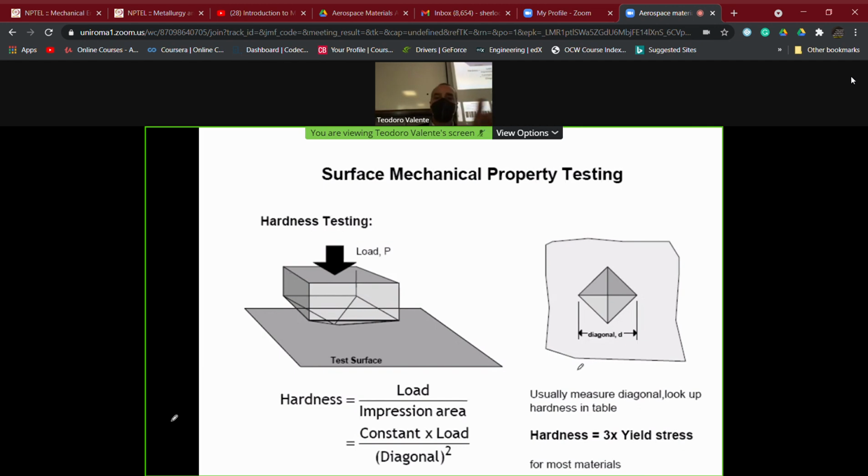I will tell you later which are the most important. For example, by changing locally, by solid state diffusion, the chemical composition of the surface. So if we want to understand the mechanical properties of the surface, we must be sure that our techniques are focused just on characterizing the surface response and not the bulk response.